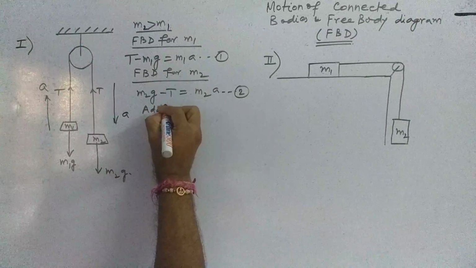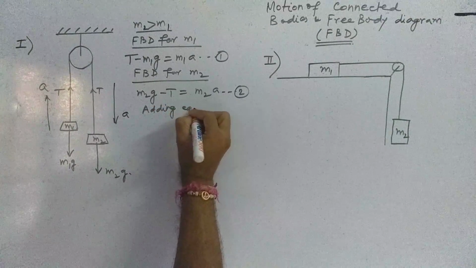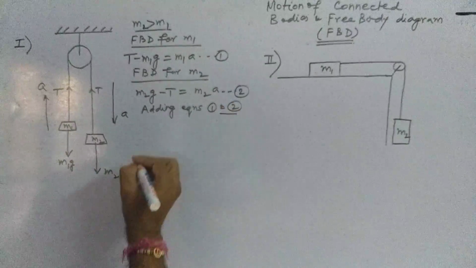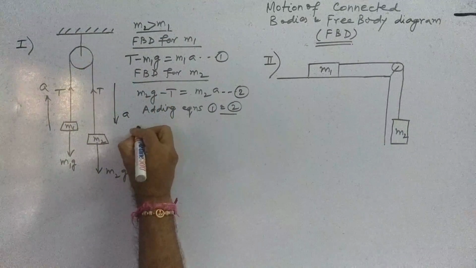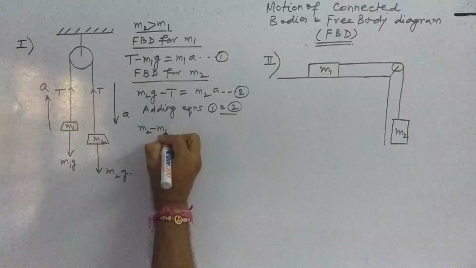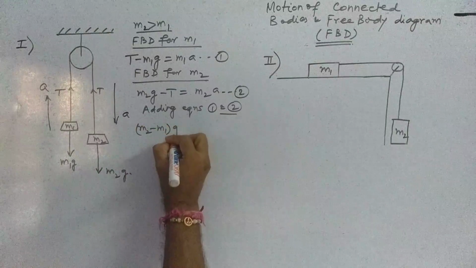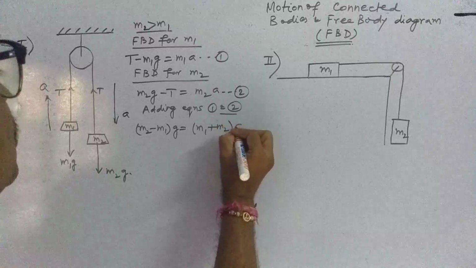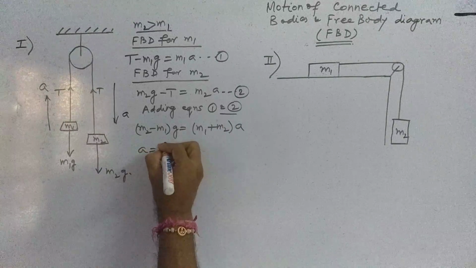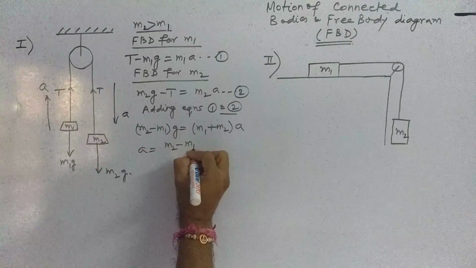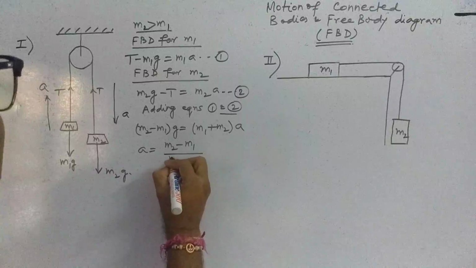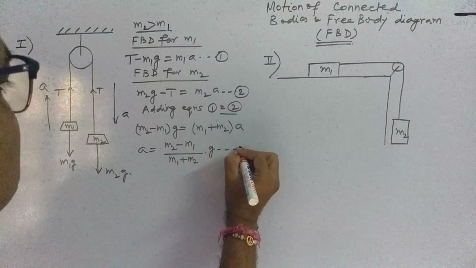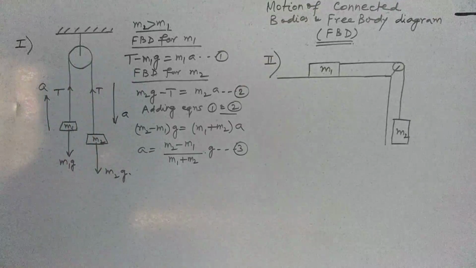Adding equations 1 and 2, what do we get? T and T cancel. M2 minus M1 into G should be equal to M1 plus M2 into A. So A should be M2 minus M1 by M1 plus M2 into G. I write this equation number 3.